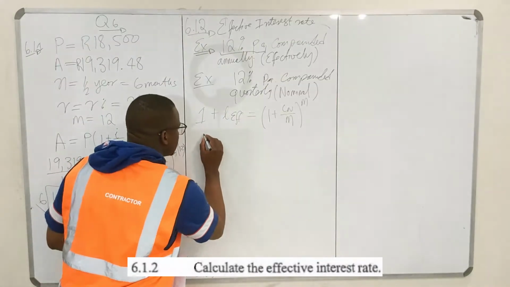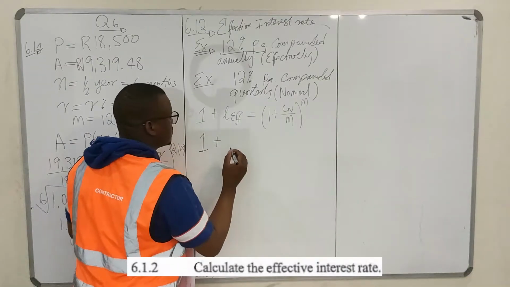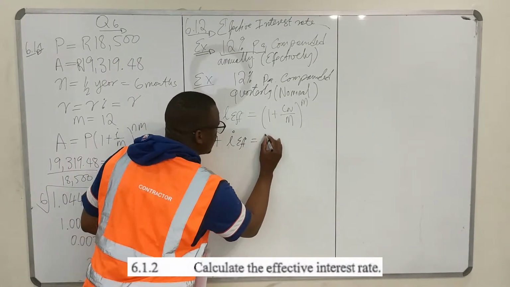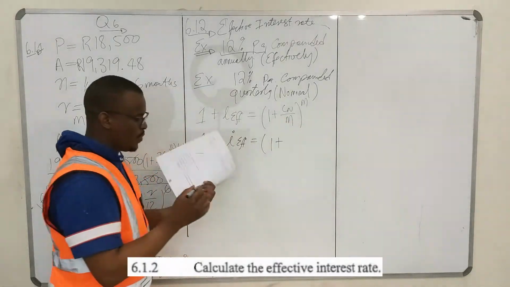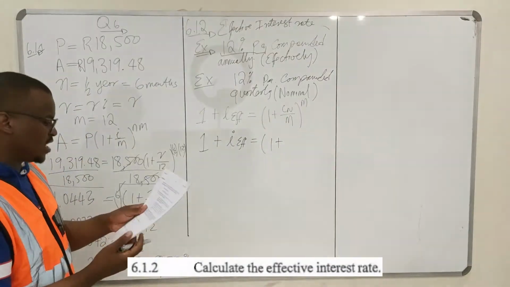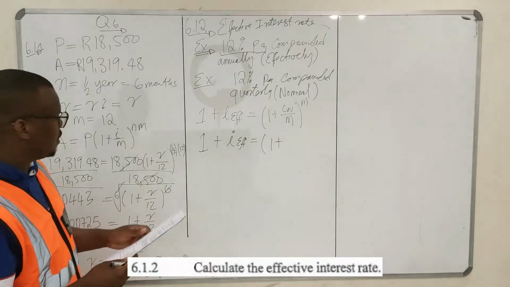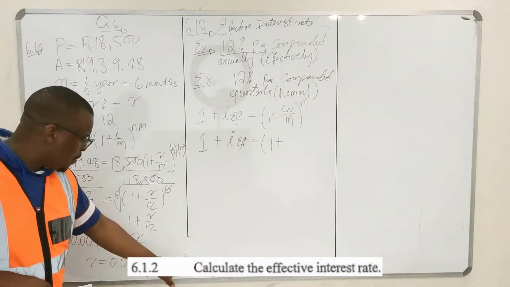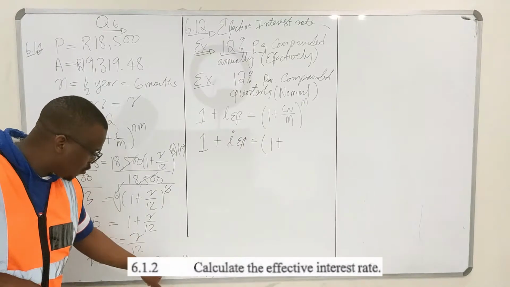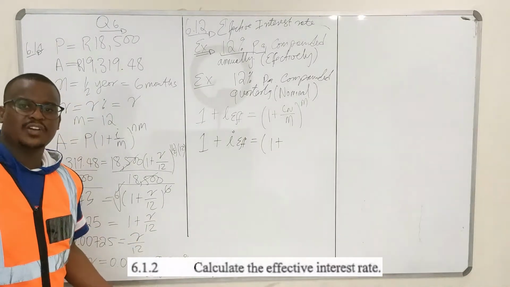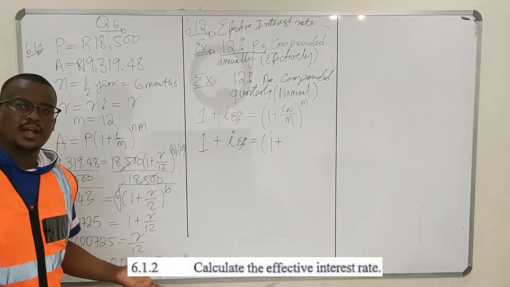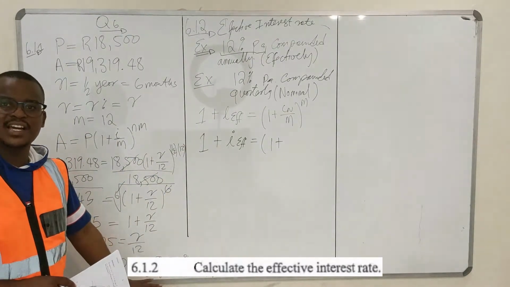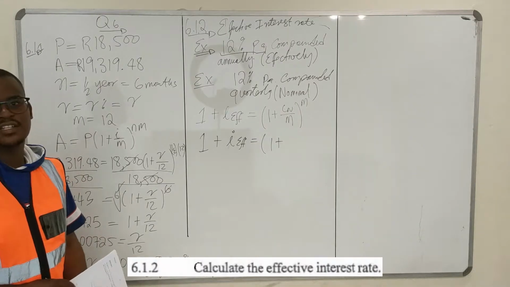The nominal interest rate that you're given is the one that you calculated here: 8.7% per annum compounded monthly. You can see that the quoted interest rate and the compoundings are different, hence why it is nominal, which is what I was explaining there.